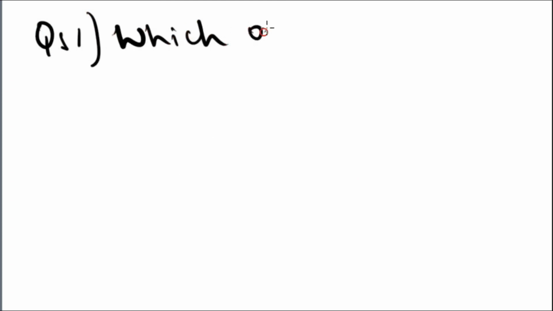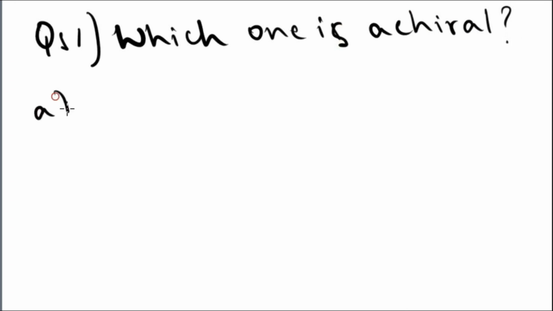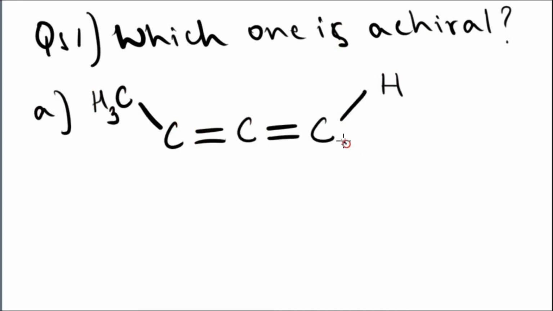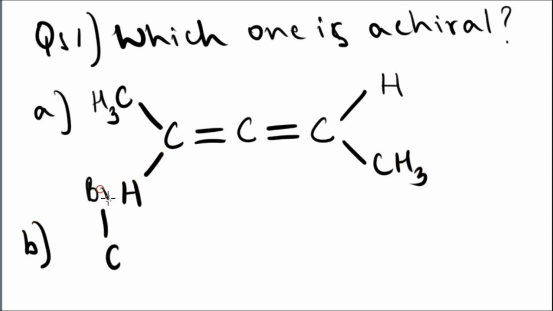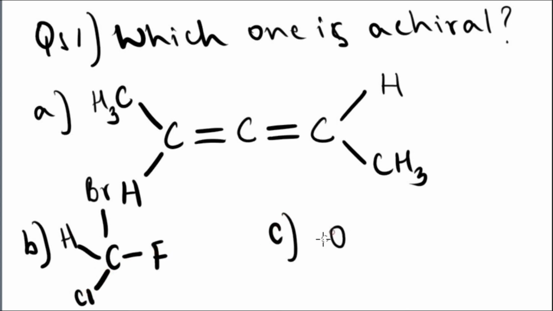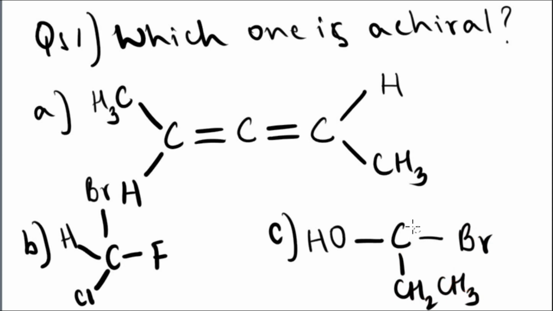Now some questions for homework. The first question will be, which one of the following compounds is achiral? Achiral is the opposite of chiral, so which one of the following is not a chiral compound? Is it A? Is it B? Or is it C?